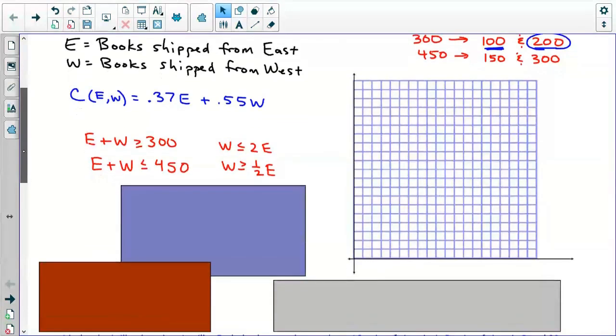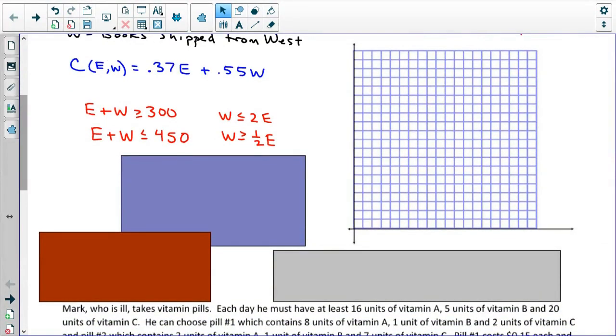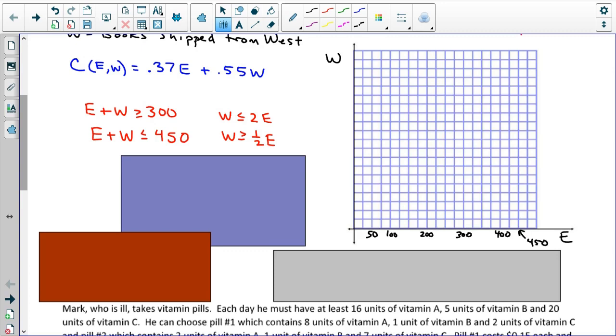So if I graph these inequalities, let's make E and W axes. So I'll go up by 50s. Actually, I can go up by 25s. So each 2 lines will be 50. And likewise down here.